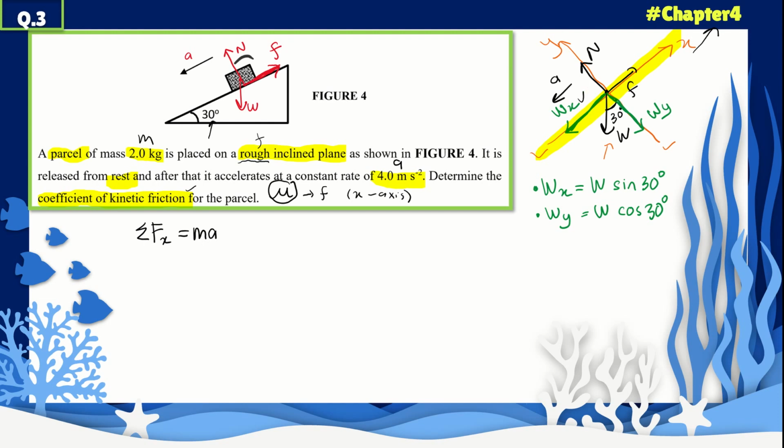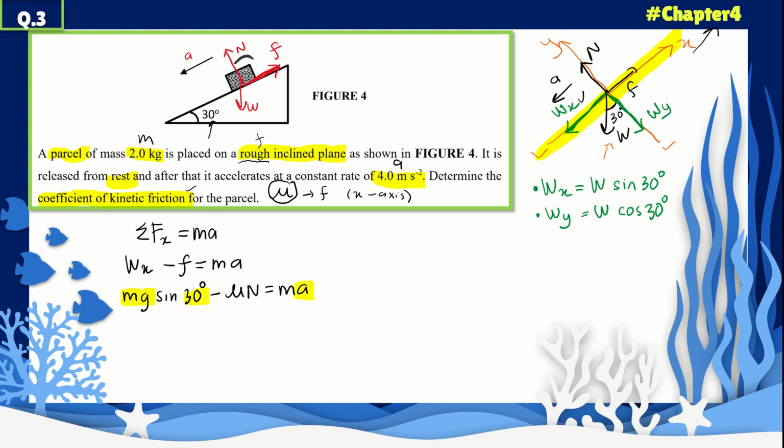The force that has the same direction with direction of motion will be positive. So it's Wx minus friction, because friction is in opposite direction with direction of motion. Substituting all the values, Wx is going to be mg sine 30 minus mu n equal to ma.